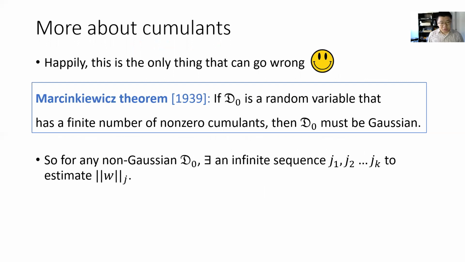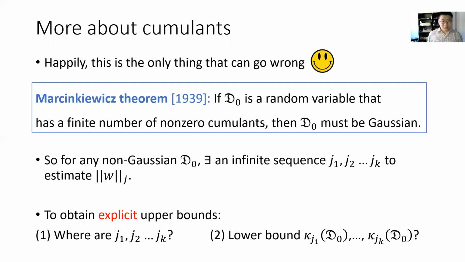We have this deep result from probability theory by Marcinkiewicz, saying if D0 is a random variable with a finite number of non-zero cumulants, then D0 must be Gaussian. Equivalently, for any non-Gaussian D0, it has an infinite sequence of non-zero cumulants, and we can pick those k indices in this sequence to estimate those Lj norms. This intuitively explains why our algorithm works for any non-Gaussian.